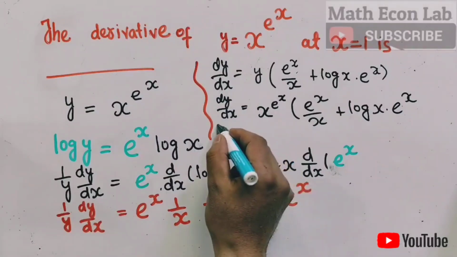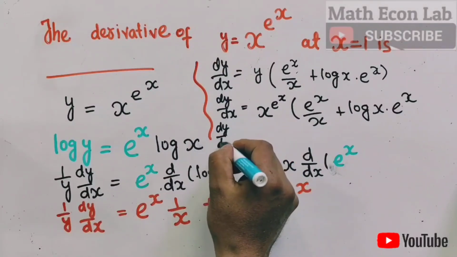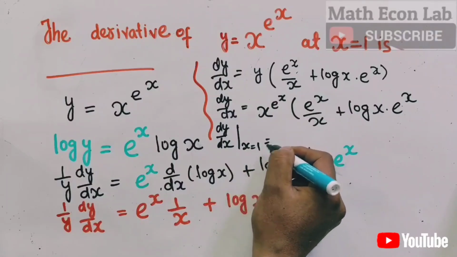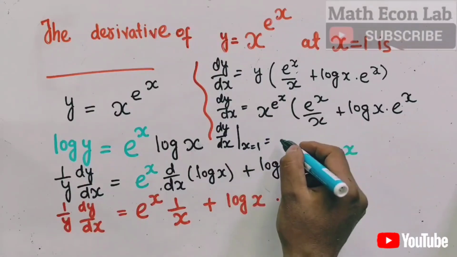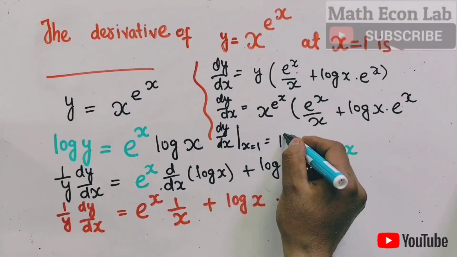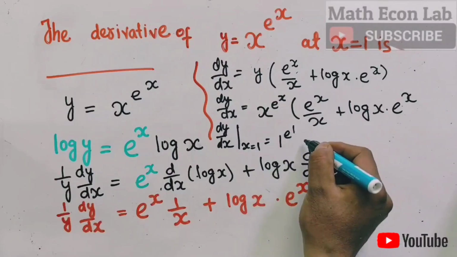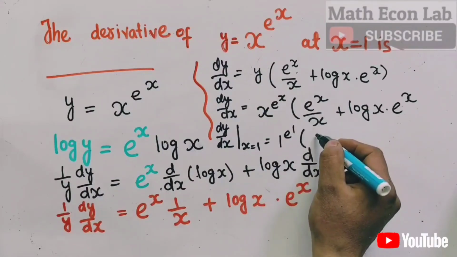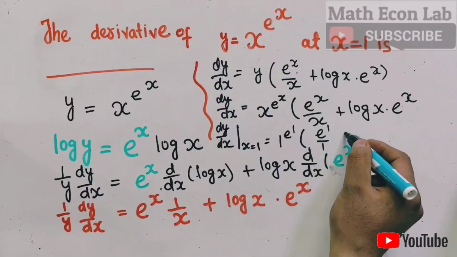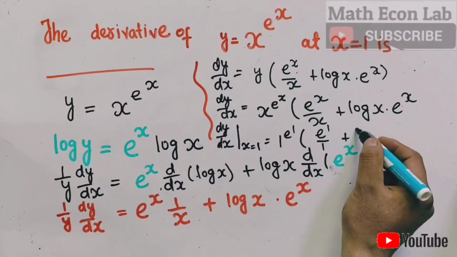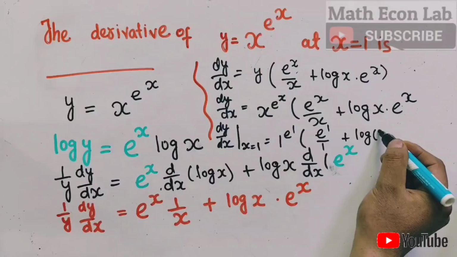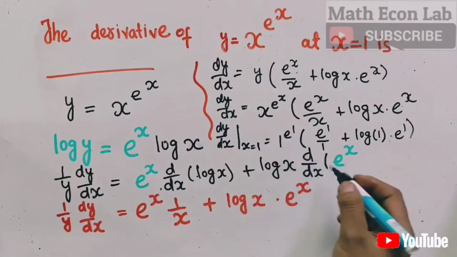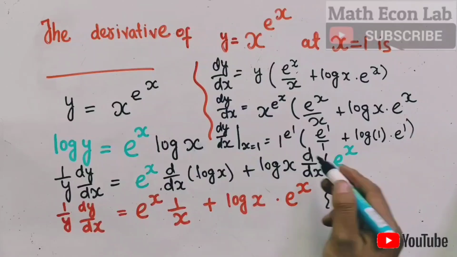But we need to find the derivative dy upon dx when x is equal to 1. Plug the value x equal to 1 here. So we have 1 raised to the power e raised to the power 1, times e raised to the power 1 divided by 1 plus log of 1 times e raised to the power 1. 1 raised to the power anything is 1.